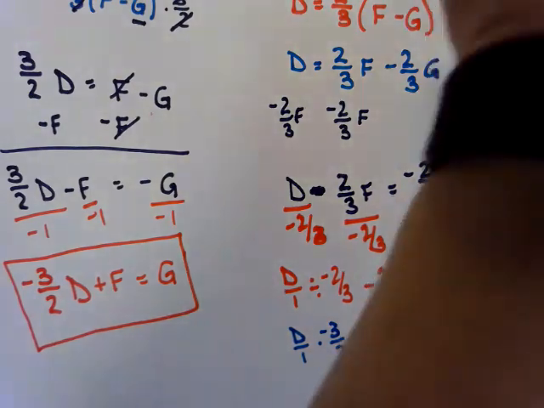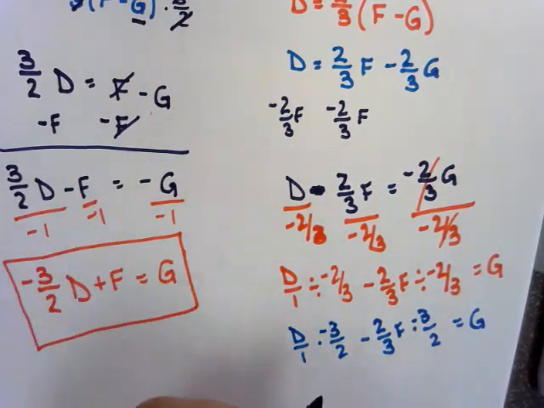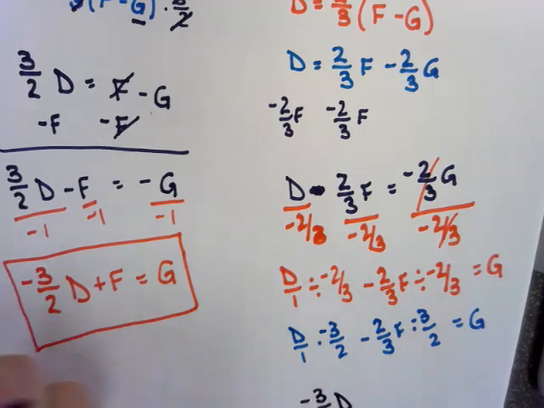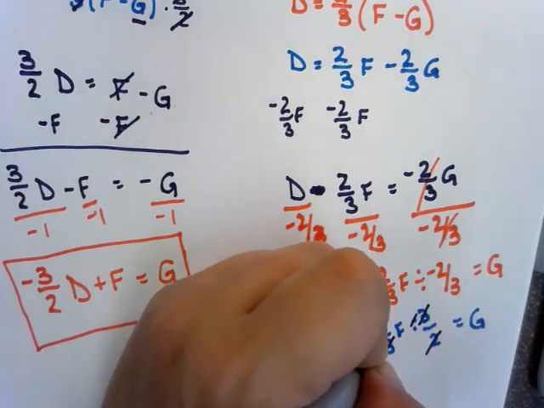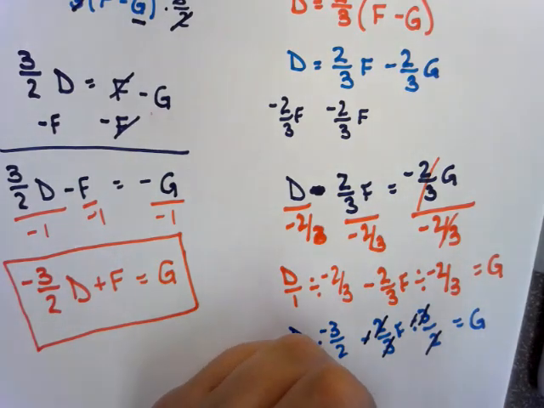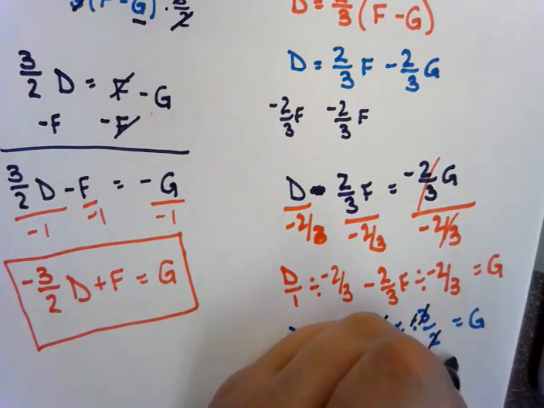Okay. All right, so this, I'm stuck with it. So it's negative, I'm going to put the number first. Okay. This 2 cancels with this 2, the 3 cancels with the 3, negative cancels with the negative. So I have a plus f equals g. So I end up with the same answer either way.